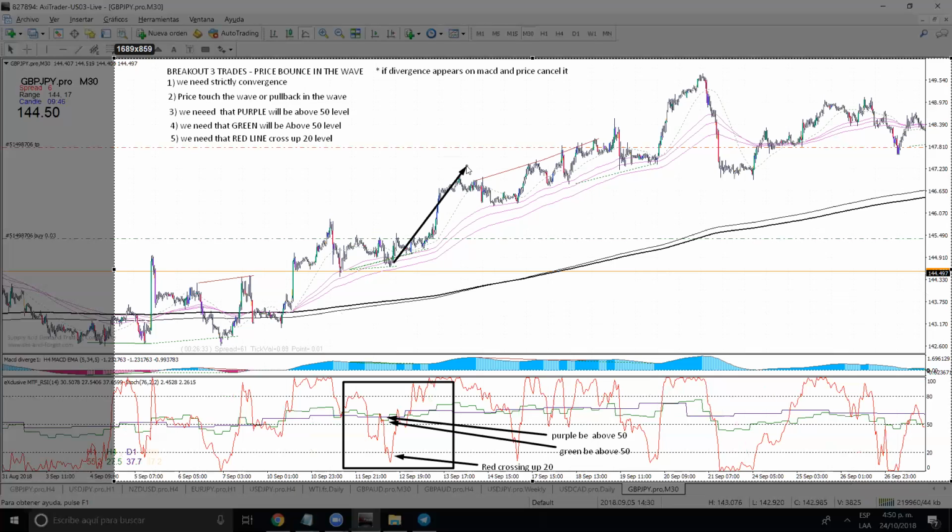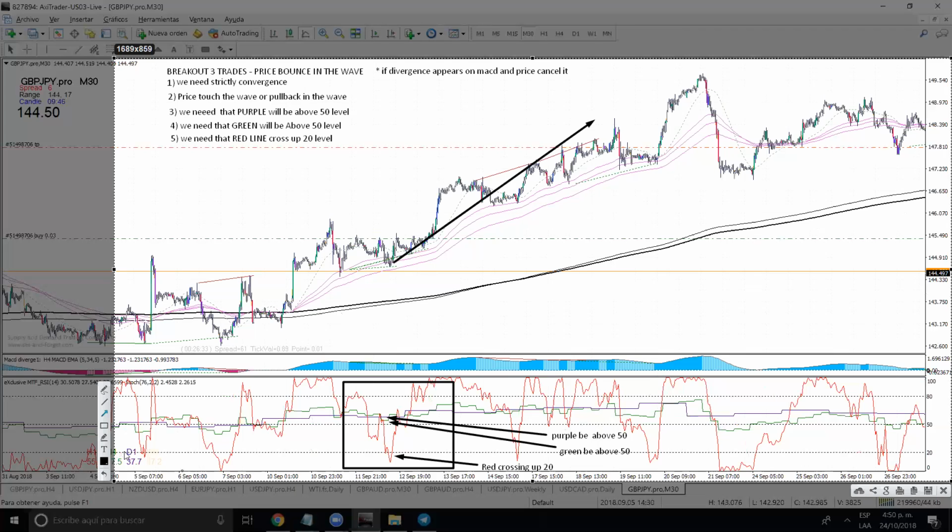Okay. After this, we have several ways to take profit from this trade. But the better one, if you catch a big trend move, I always get out of this trade when I begin to find divergence, or when the green line crosses down 50 level here.